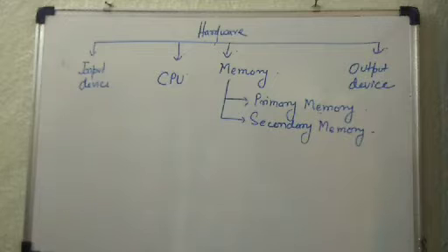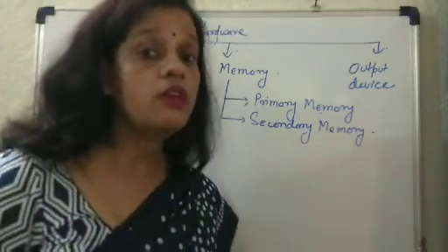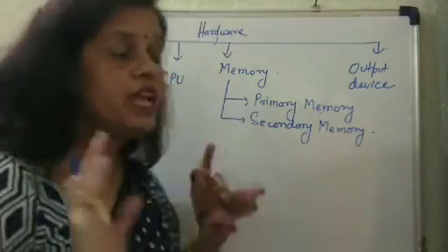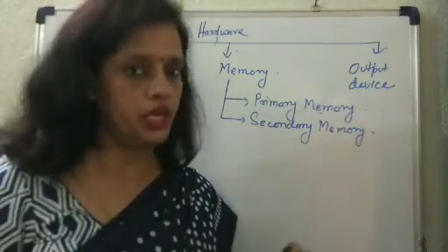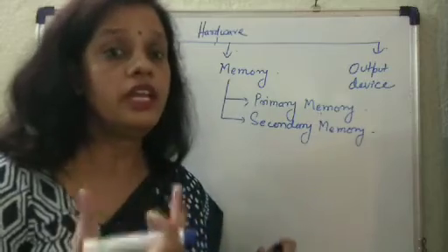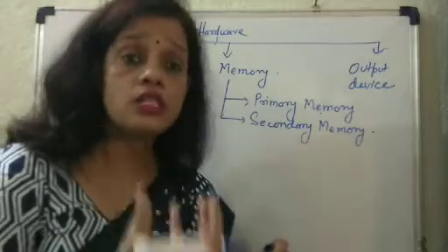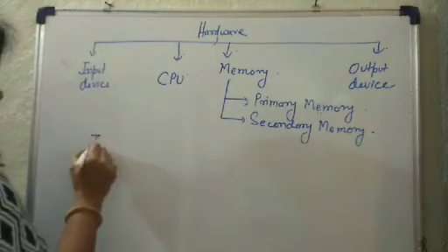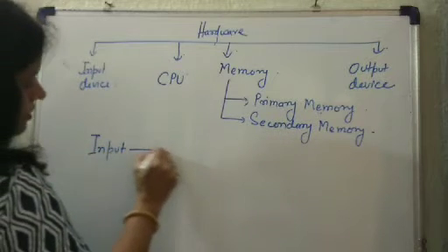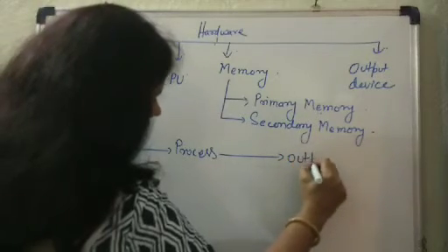Before explaining these different hardware of the computer system, I would like to tell you briefly, what you are already very familiar with: the basic fundamental of our work, how we are working, and what is the basic fundamental concept of any work, and on what concept the computer works. So let us start: input, process and output.